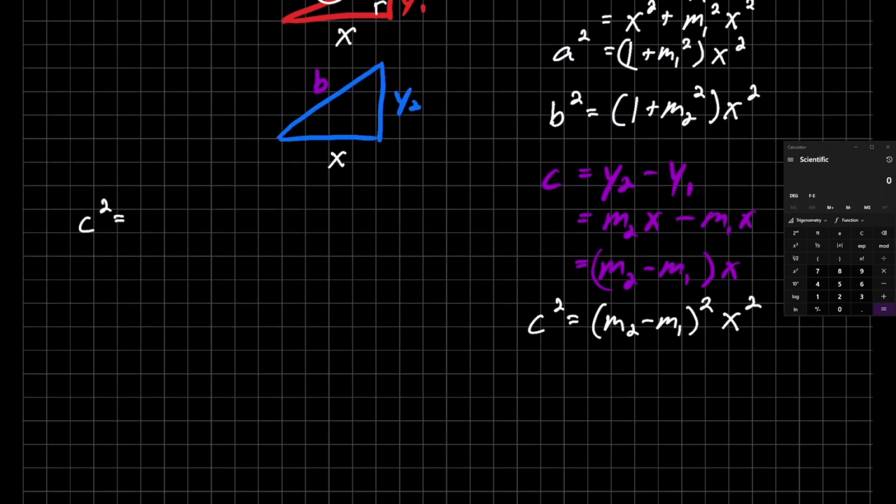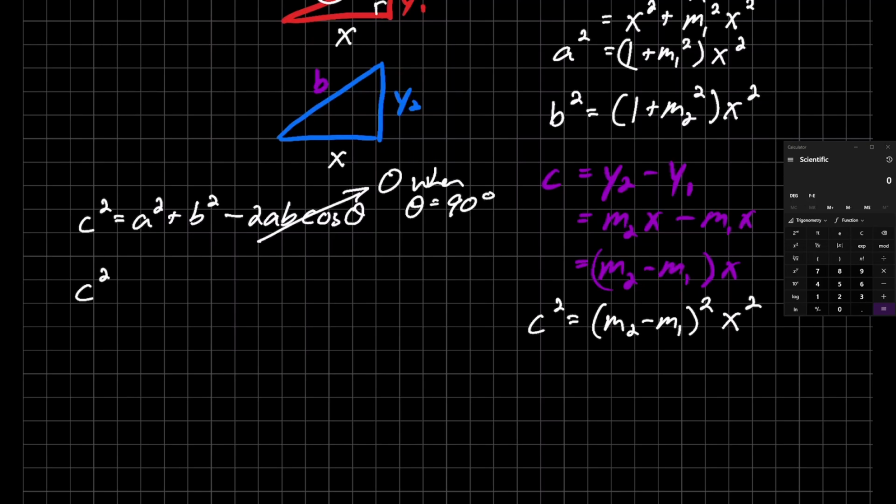So c squared is equal to a squared plus b squared minus 2ab cosine theta. We know that's going to equal 0 when theta is equal to 90 degrees. So we're left with the Pythagorean theorem, c squared is a squared plus b squared.